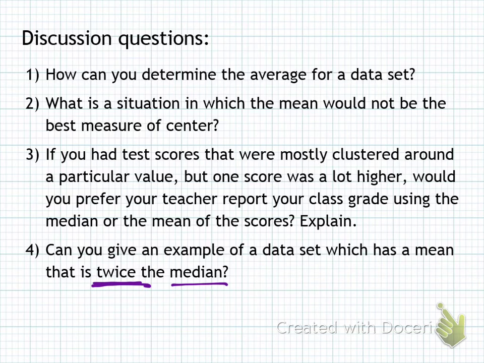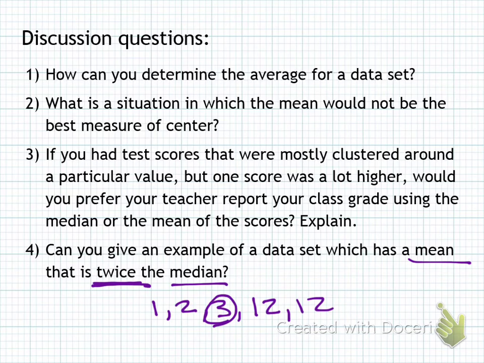One example may be 1, 2, 3. So say I want 5 numbers. Okay, so I know I want 3 to be the median. So the numbers that I put after need to be a lot bigger so that I can get a mean of 6. So I did 12 and 12.